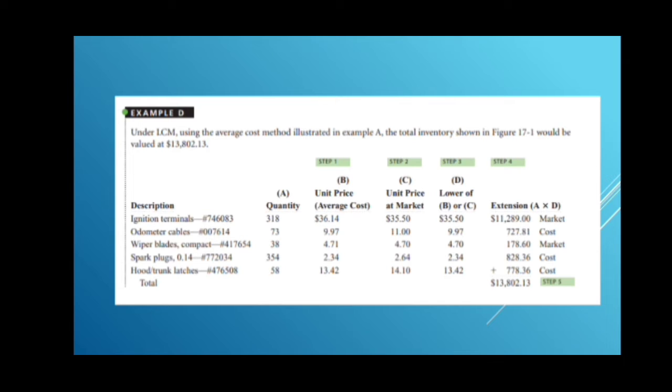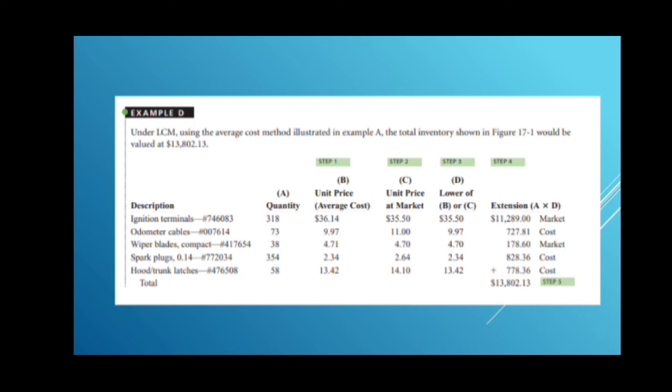Then the fifth column is our step 3, where we compare the cost value from step 1, B, with the market value from step 2, letter C, and choose the lower of the two. Then the last column is the extension, which is where step 4 is applied.